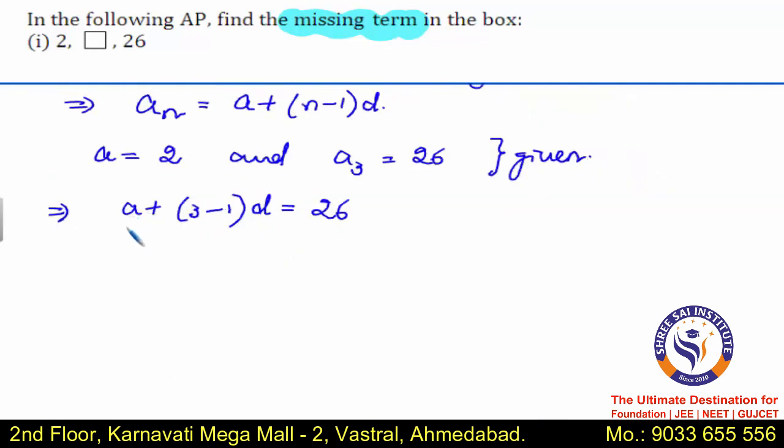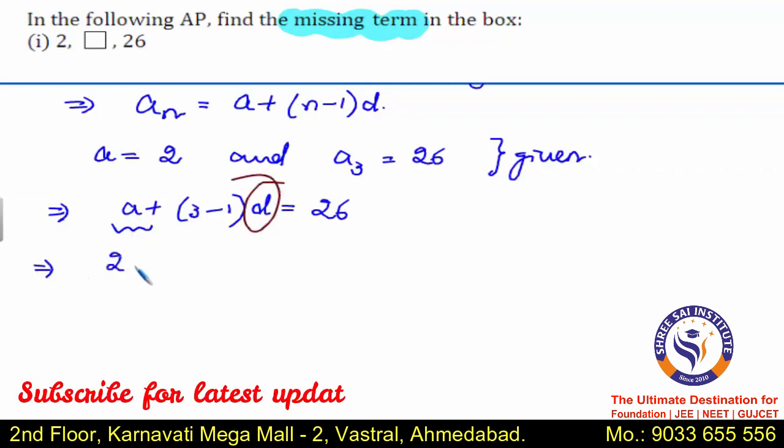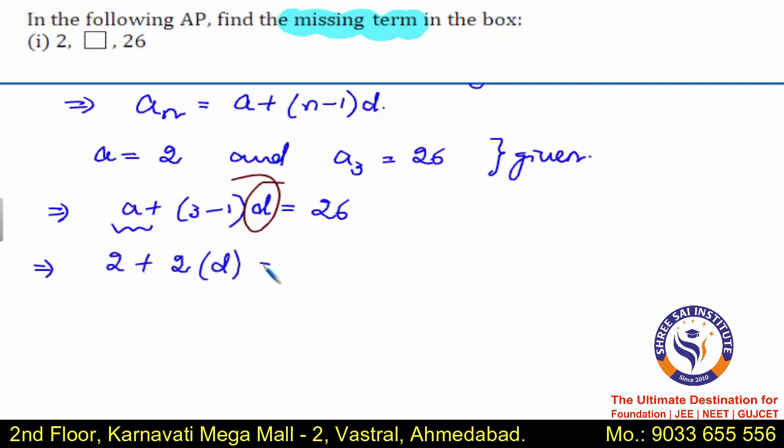Let's now substitute the value of A to get the value of D. Now here A is equal to 2 plus 3 minus 1 is 2 into D is equal to 26. This implies 2D is equal to 24, which further implies that D is equal to 12.